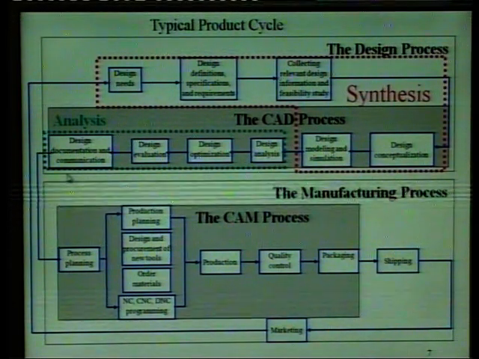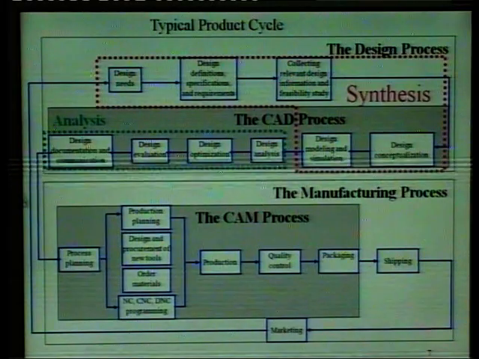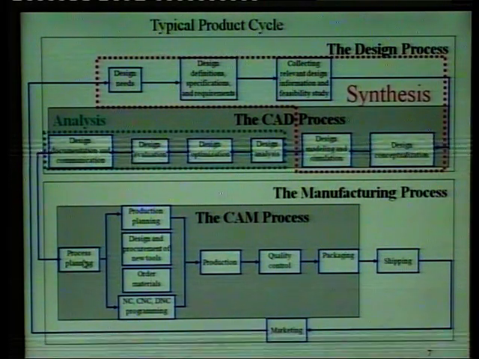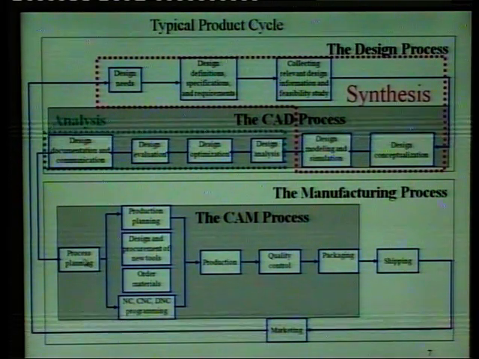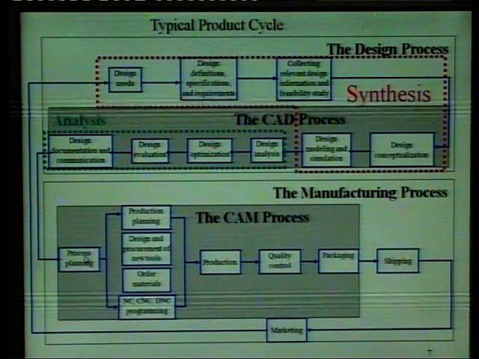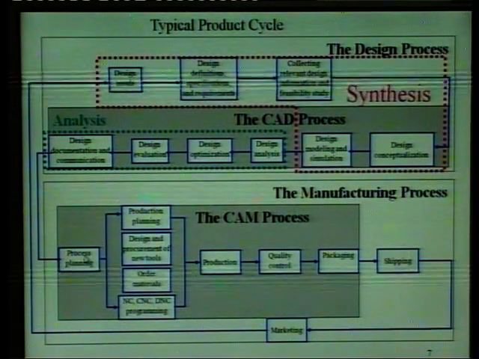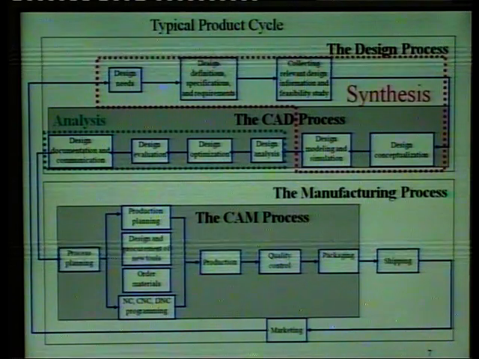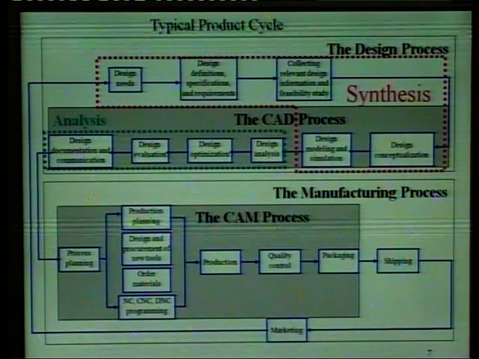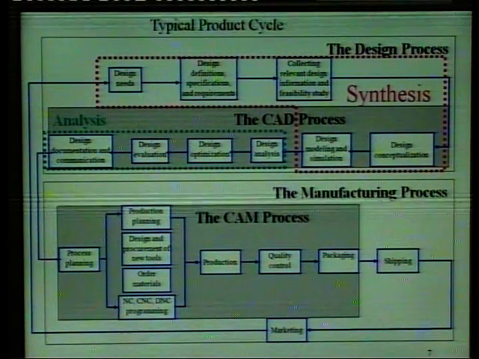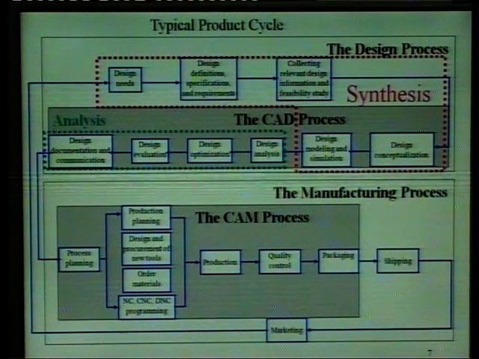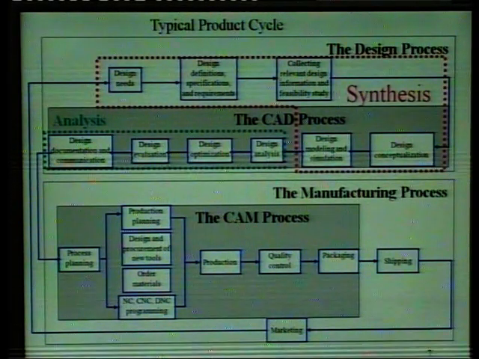So, once the design has been communicated to the manufacturing people, they have to begin the process planning for the manufacturing of the product. So, process planning is nothing but a listing of operations that is required for the manufacturing of the product, and it also includes routing which associates each process of manufacturing to the various machines available in the plant.